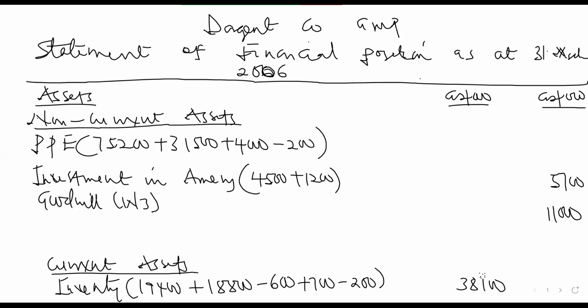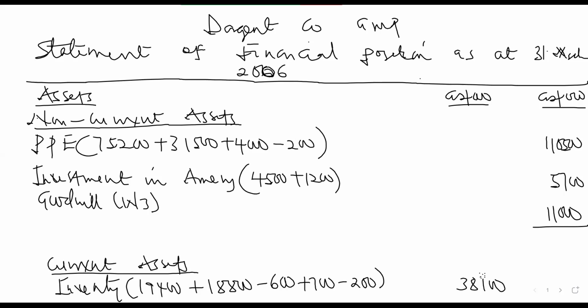Come to your PPE: 75,200 plus 31,500 plus 4,000 minus 200. I'm having 110,500. Yes, confirm. Okay. 110,500.